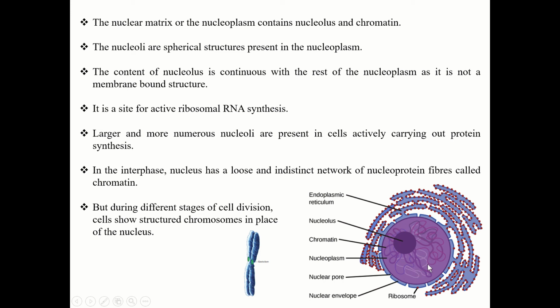So in interphase, you will see chromatin fibers. But during different stages of cell division, the cell shows chromosome structures in place of the chromatin network. So during cell division, which you will study in the next chapter, cell cycle and cell division, this chromatin forms the chromosomal structure. They form a chromosome.